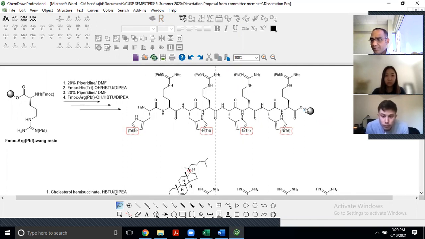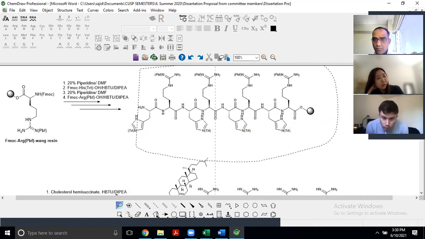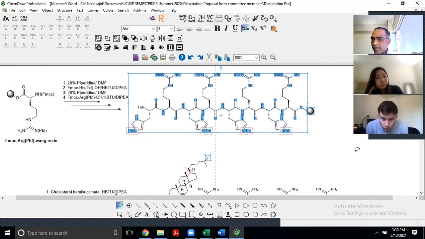I remove this resin and I remove all the protecting groups. So what will I get? If I remove all the protecting groups and the resin from this structure, what will I get? Arginine. We will just get the peptide.